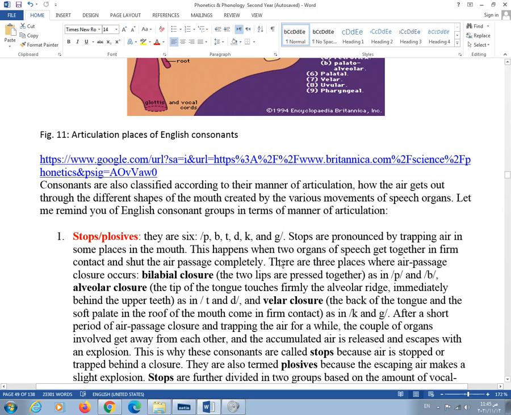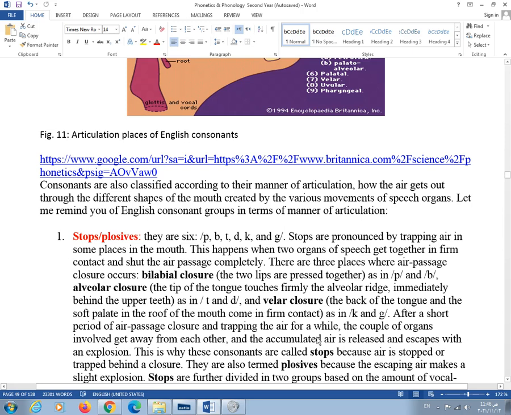Okay, in Arabic they term or call these sounds explosive sounds, because we trap air, it is built up after this closure, and then we release it with explosion or with some sort of puffing of air.